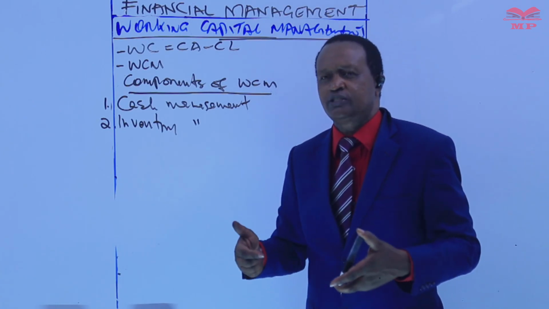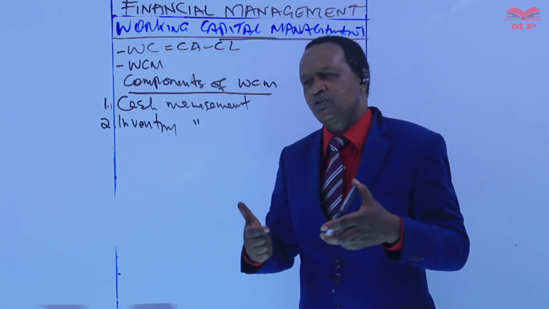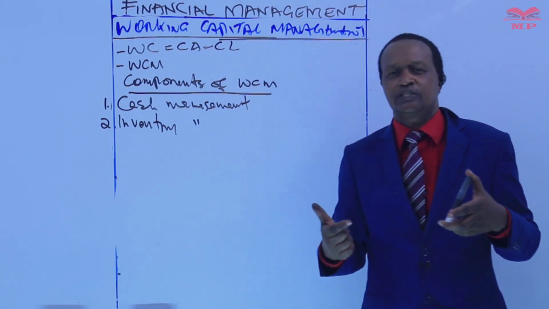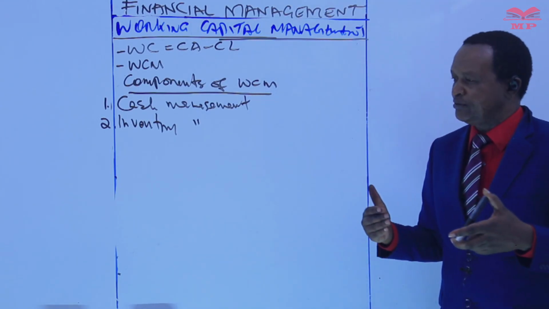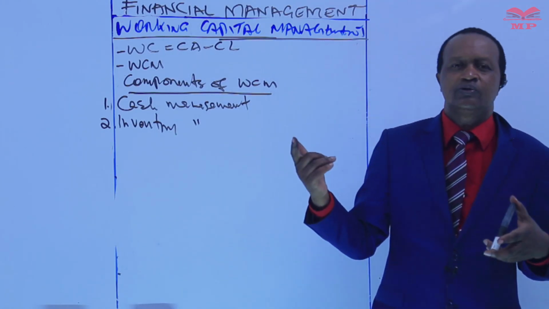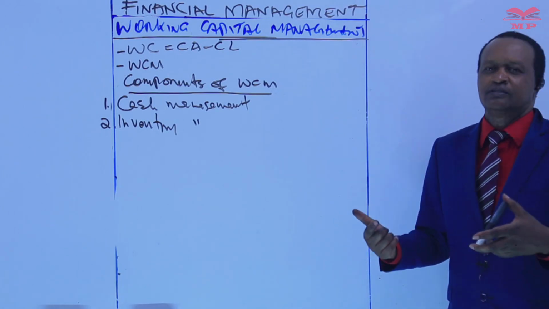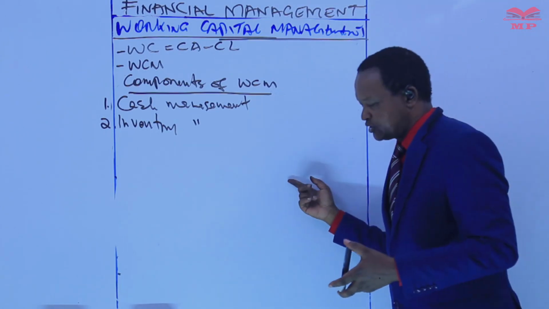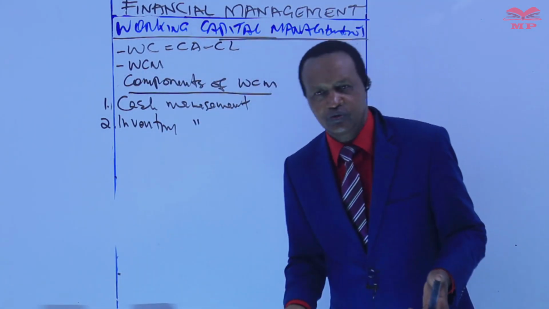The company also has to ensure that there are no shortages. It has to be done deliberately so that there are no shortages and no excess inventories. That requires management. That's why in your management accounting, we have things like economic order quantity, and so on.